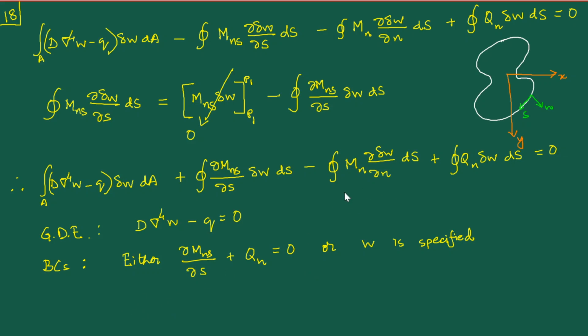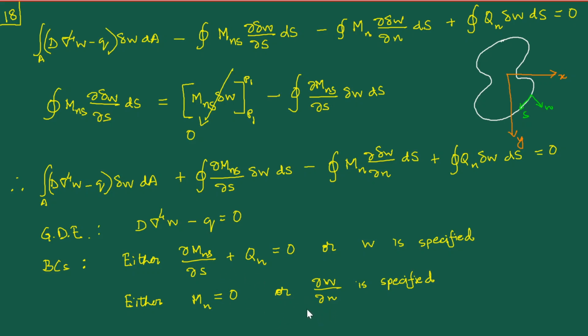Next, we consider this term and say that either mn is equal to 0 or del w del n is specified. So there is a lot of similarity with what we had obtained back in beam theory with what we are obtaining here.